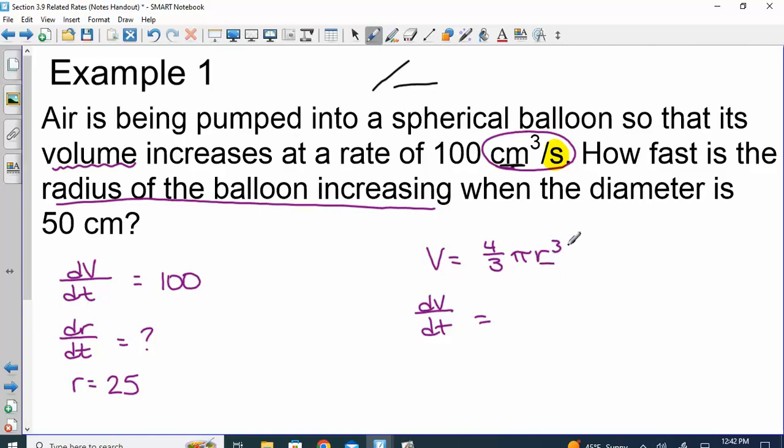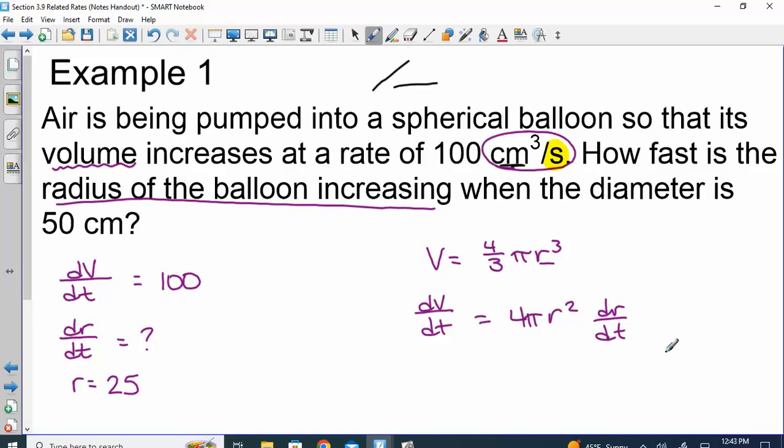R is my variable, so the 3 comes down. 3 times 4/3 pi just gives me a 4 pi r squared, and anytime you do the derivative of any variable except time, we have to put the dr/dt with it. That's from the implicit differentiation that we did before Christmas. Is this okay with everyone?